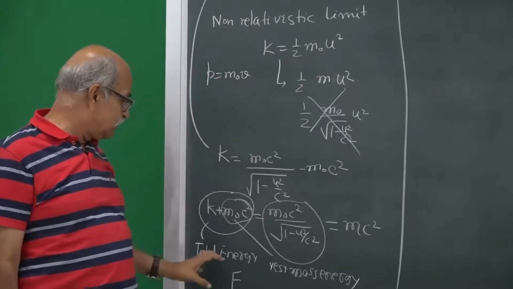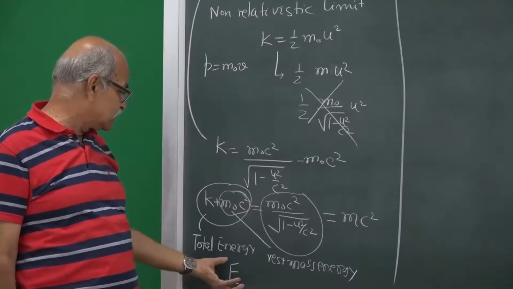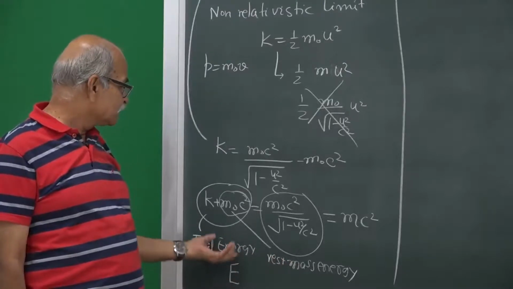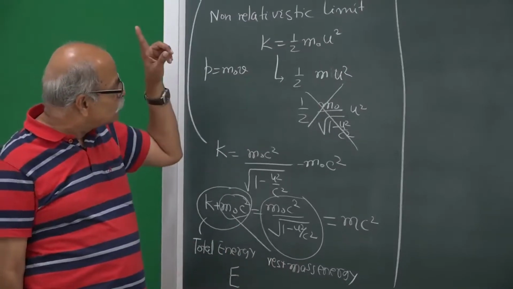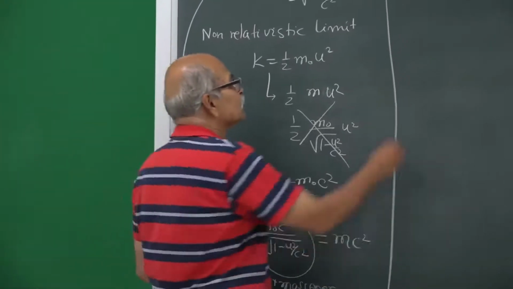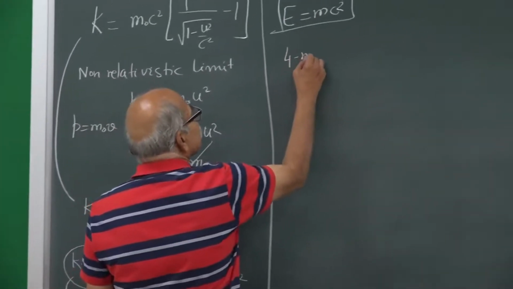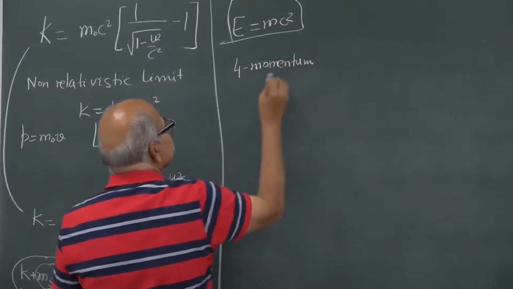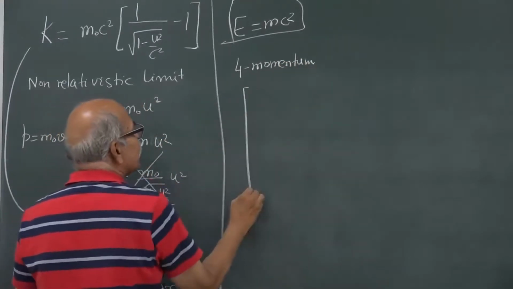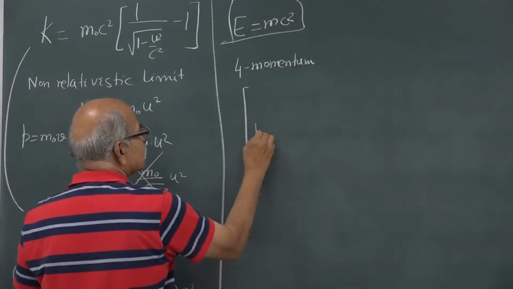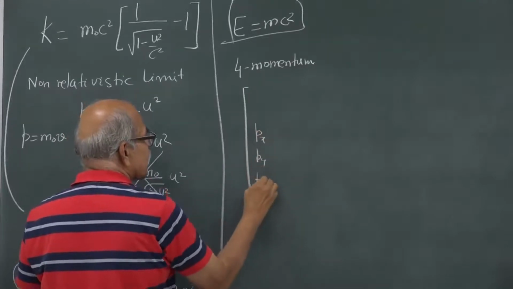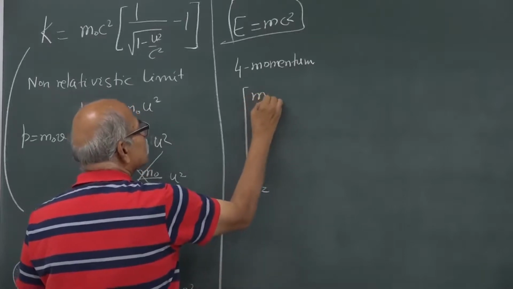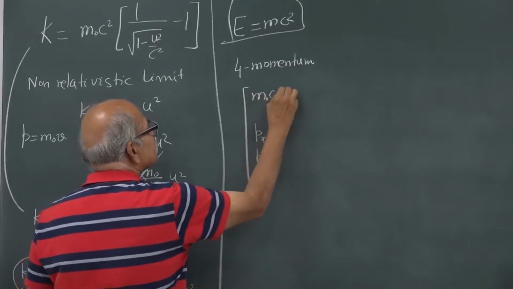Now, there is a lot of significance of this rest mass energy and total energy, we will talk about that, but let us go to the original question, the 4 momentum. Let us look at 4 momentum once again, and in 4 momentum these 3 components were px, py, pz, and this component here was m naught times c times gamma.